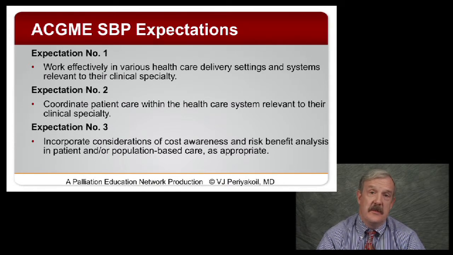It's also clear from multiple studies that we overutilize tests, often use drugs that are more expensive than cheaper alternatives, and it's very important that our trainees understand this and be very aware of resource use and apply the best evidence as well as cost awareness when choosing what's the most appropriate therapy for patients.